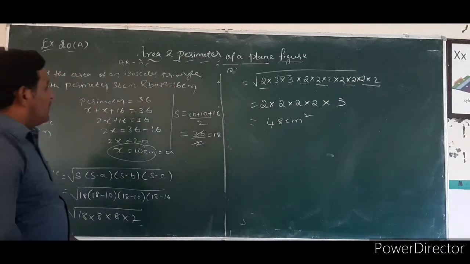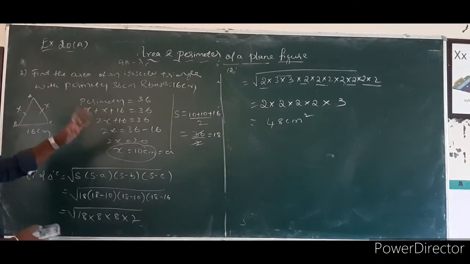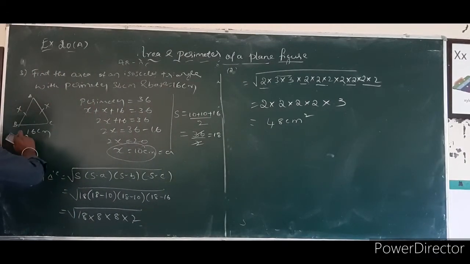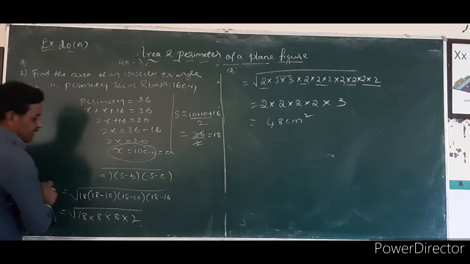So like this you can find the area of an isosceles triangle. Next we will move to another problem.